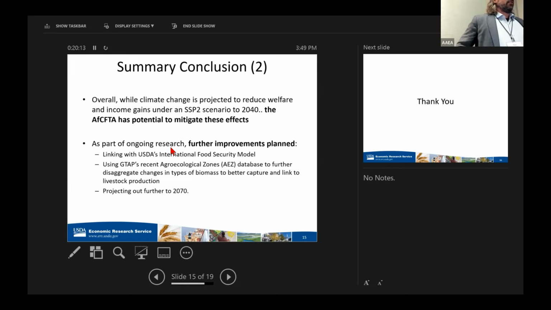We currently have wheat as a single commodity, but for example, corn is bundled with other grains, so it's not terribly detailed. That's something that the GTAP Center is working on improving. So we would probably get a slightly different answer, and it would probably be a very useful exercise to see if they would be at least directionally comparable.